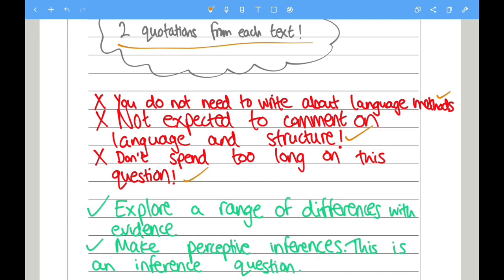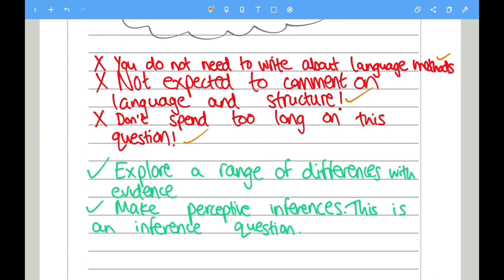In terms of the things you should do, you must explore a range of differences with evidence, okay? So throughout the text, you should try to find a range of quotations. Make perceptive inferences. This is an inference question, it's very important, okay? It's looking at how you infer the text, what you understand, what conclusion you come to from reading the text, source A and source B.